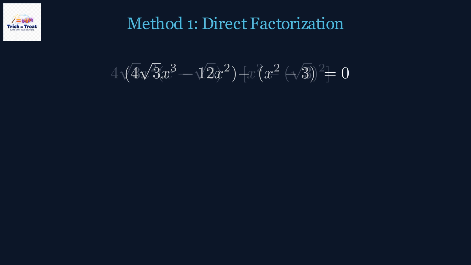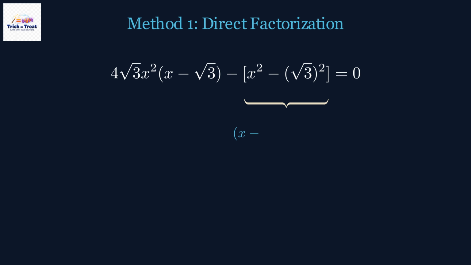Let's write this down. 4√3 x²(x − √3) − (x² − (√3)²) = 0. Factor the second group: (x − √3)(x + √3).